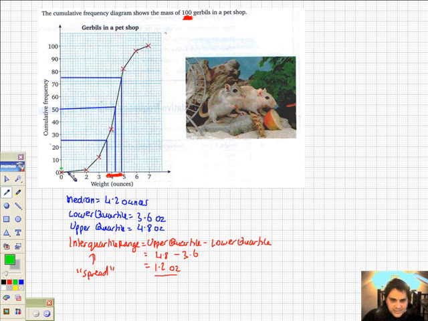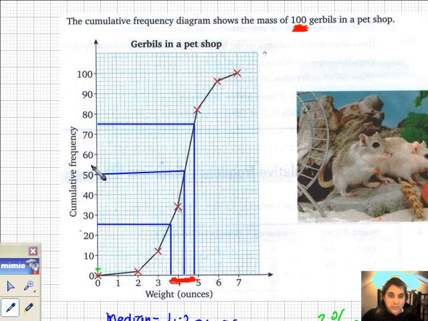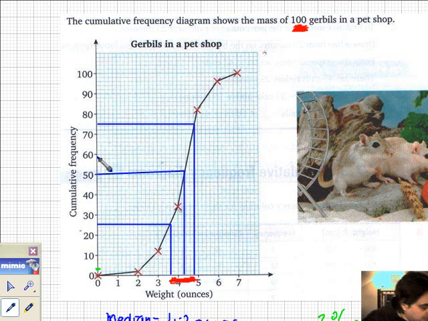So I see that we've got 1 square only, so that's 2 gerbils. So 2% happen to be under 2 ounces. Alright? We can use it quite easily to calculate 2%, because really we've got 100 gerbils, so every single one of the markings stands for the percent that it says. So 60 is actually 60%, as it turns out.